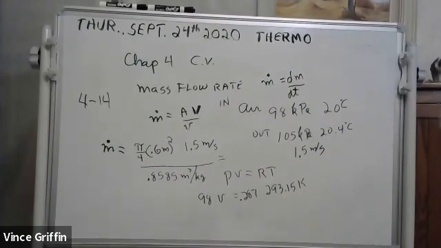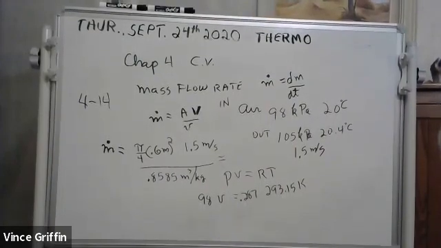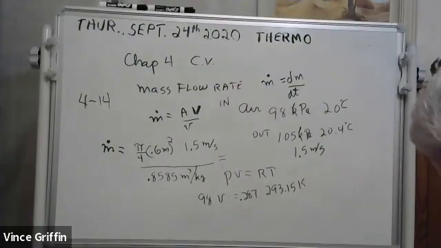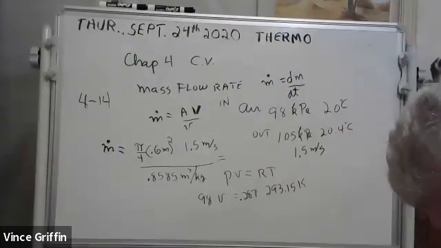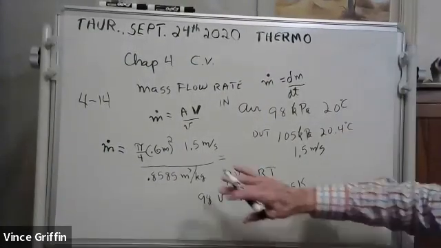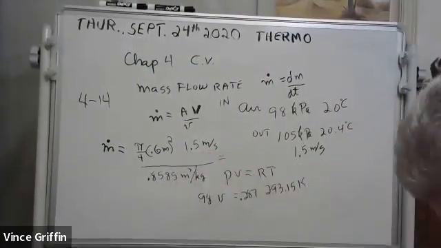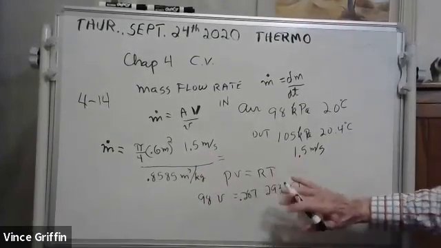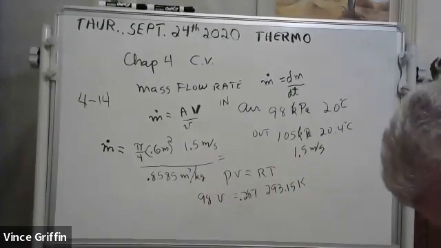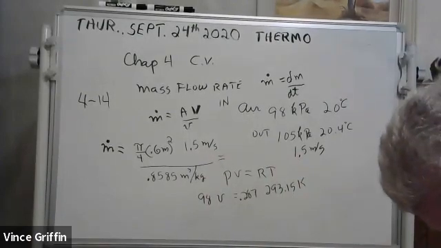Now wait a minute, I did something wrong. Just 1 tiny minute here. If you read the problem, that 1.5 is the exit velocity. We need the exit.